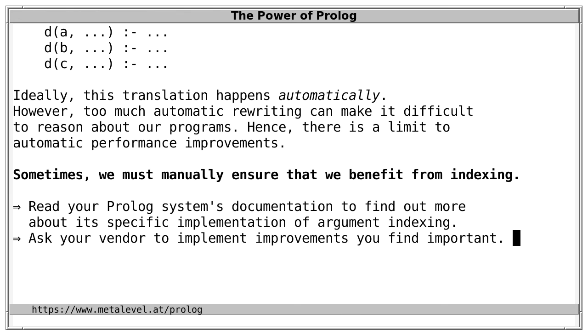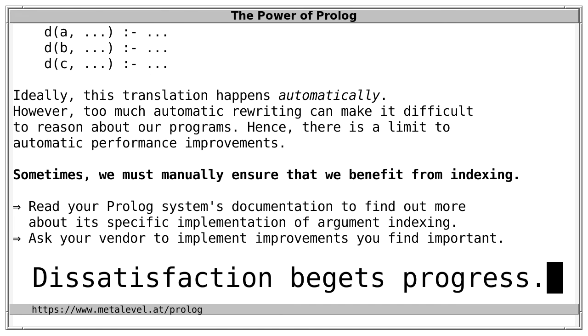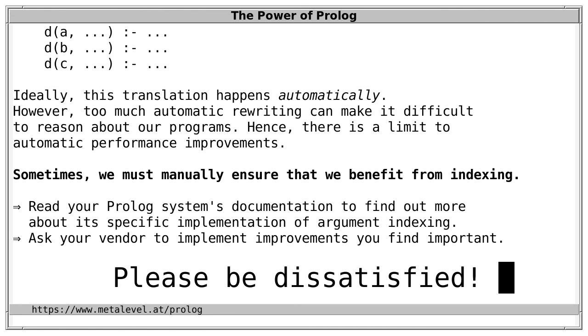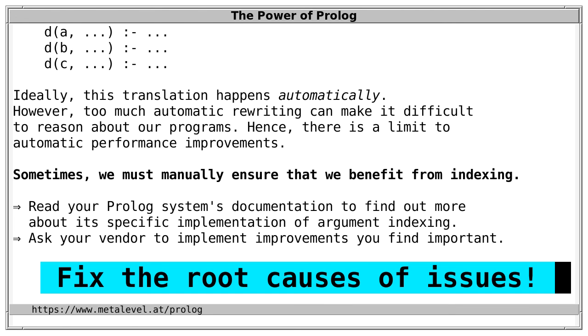And also, I highly recommend that you ask your Prolog vendor to implement any performance improvements that you find important, because only dissatisfaction begets progress. And so I ask you to please be dissatisfied. I mean, not in the sense of pointless whining about the situation and changing all your programs to suit your Prolog system, but in the sense of aiming to fix the root causes of issues.